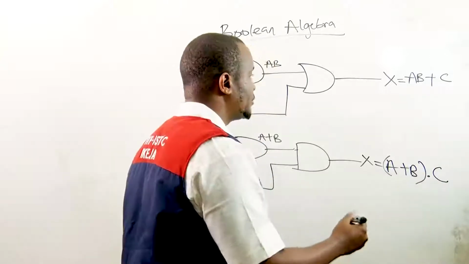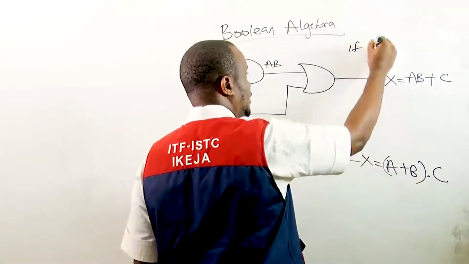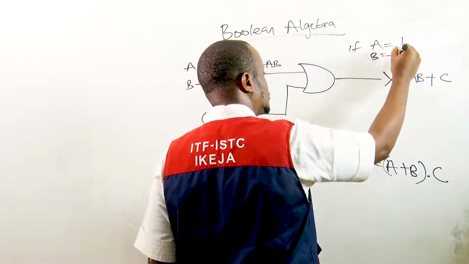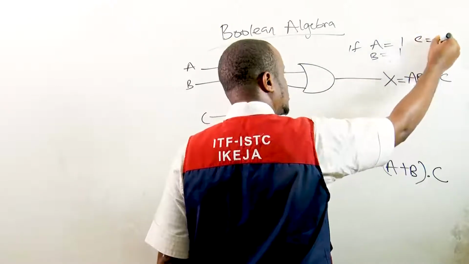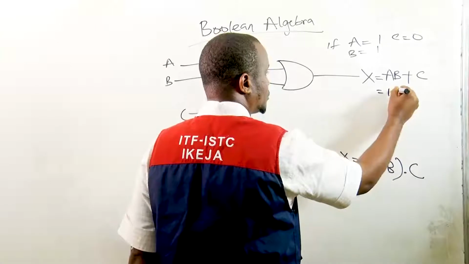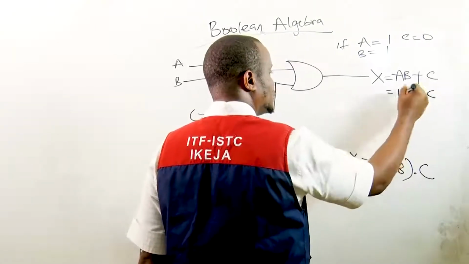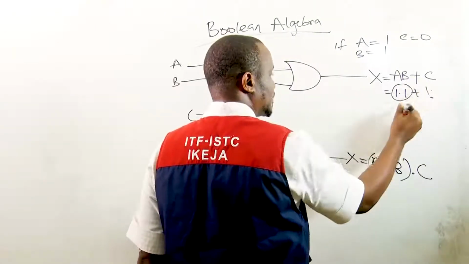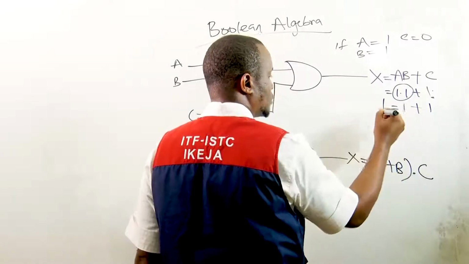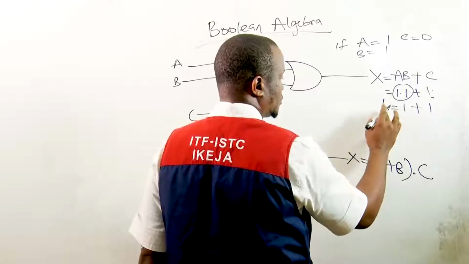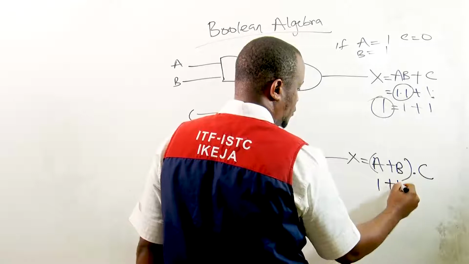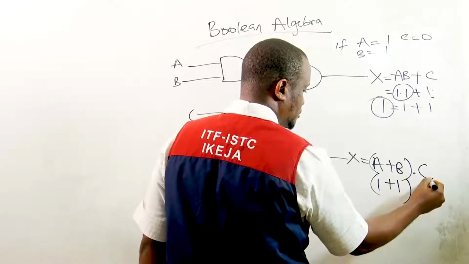So, for example, if A is equal to 1, B is equal to 1, and C is equal to 0, so you have to do 1.1 plus C. So you do this first. So the answer is 1 or 1 is equal to what? 1. So X is equal to 1.